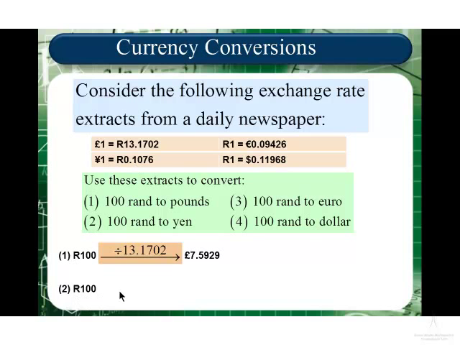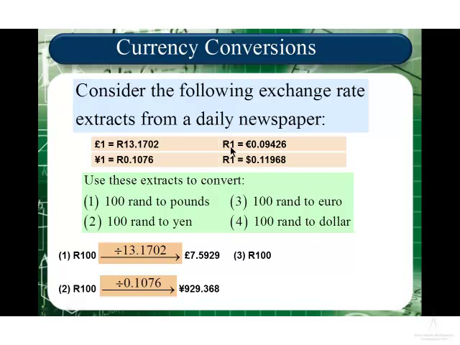If I have 100 of them, clearly I just divide by 0.1076 in this case, and I have the answer that 100 rand is equivalent to 929.368 yen.